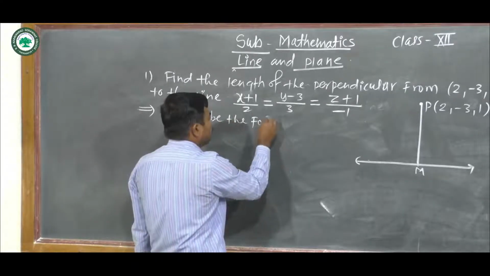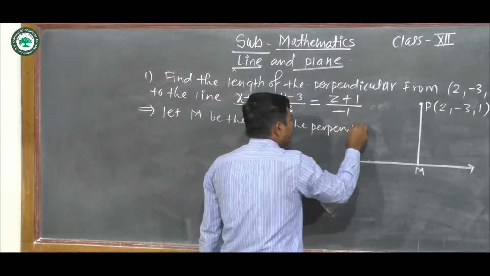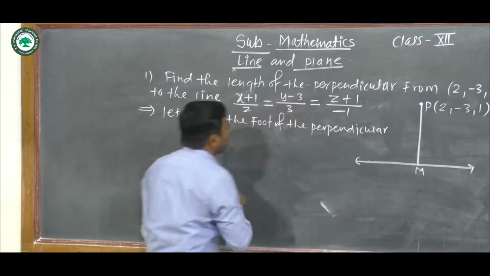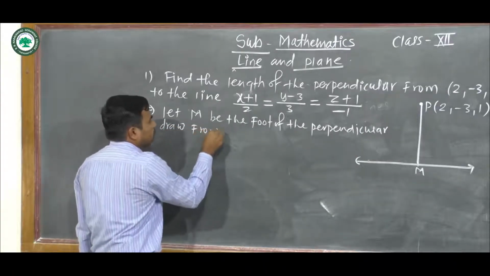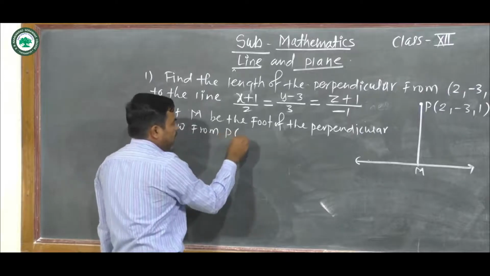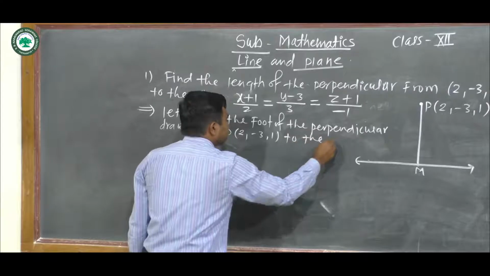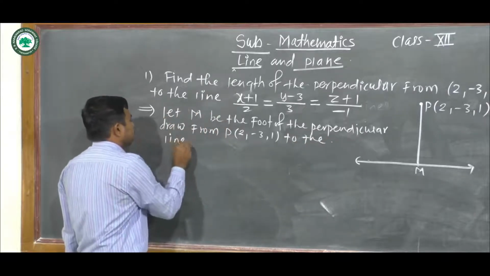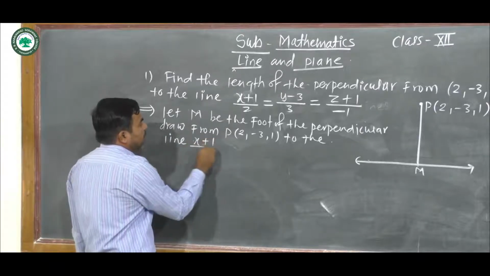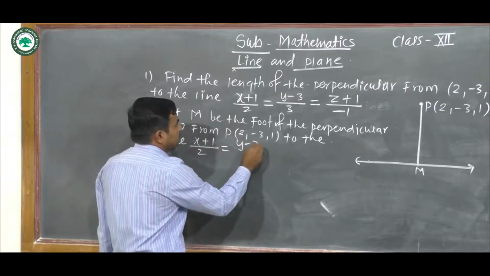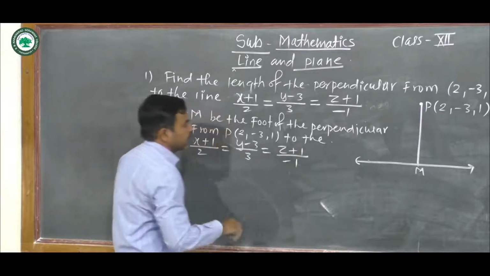Let M be the foot of the perpendicular drawn from point P with coordinates 2, minus 3, 1 to the line x plus 1 divided by 2 is equal to y minus 3 divided by 3 is equal to z plus 1 divided by minus 1.